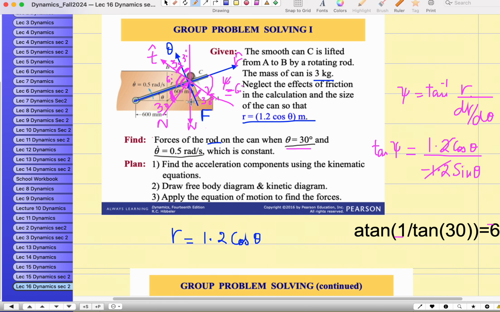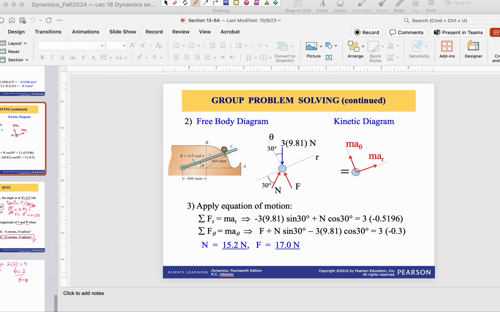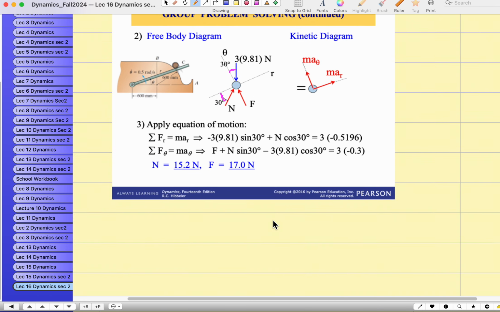How is it 30? Let me show you. It's very messy here, so let me take this diagram again and show you over here. How is it?